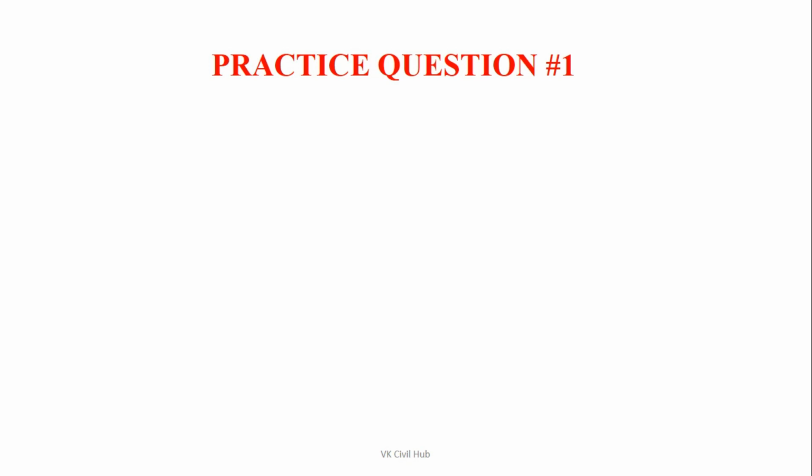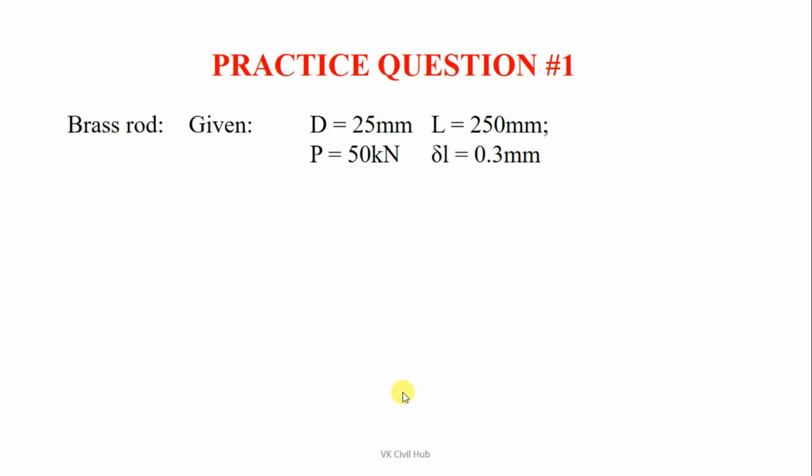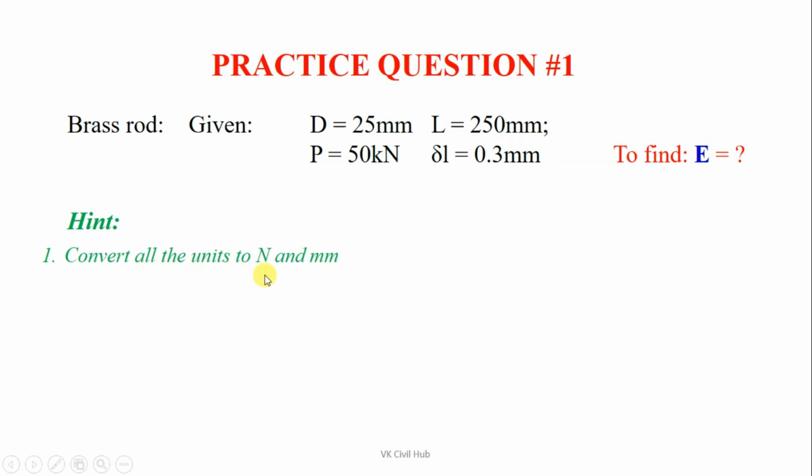This practice question one is, it's a brass rod, the diameter is given as 25, length is given as 250 mm, P is given as 50 kilonewton, delta L is given as 0.3 mm. Here you have to find the Young's modulus capital E. So here I have given the hint for you to work out. Convert all the units to Newton and mm. Second, find the area using pi by 4 d square.